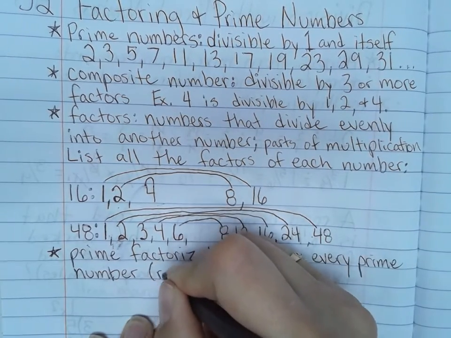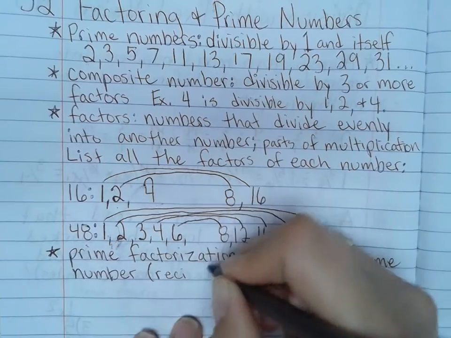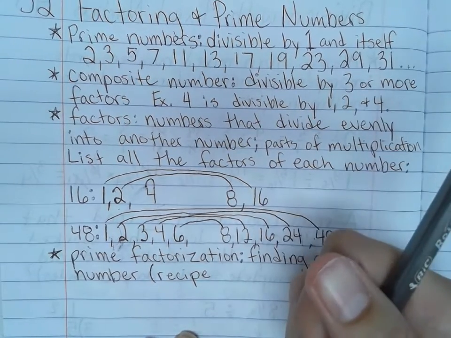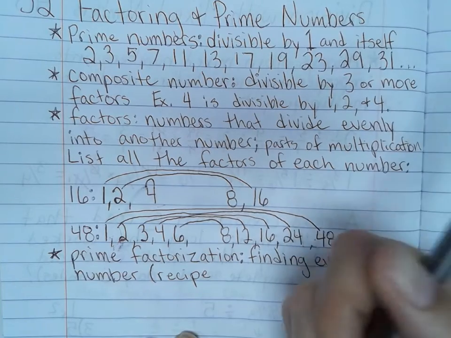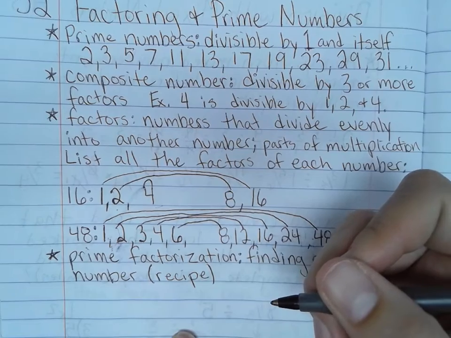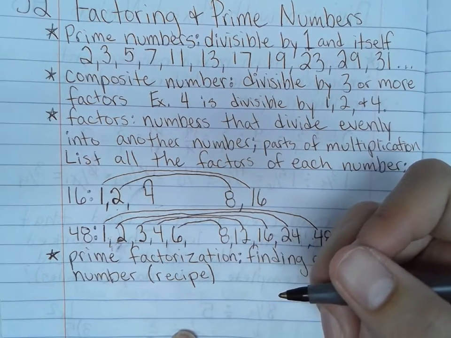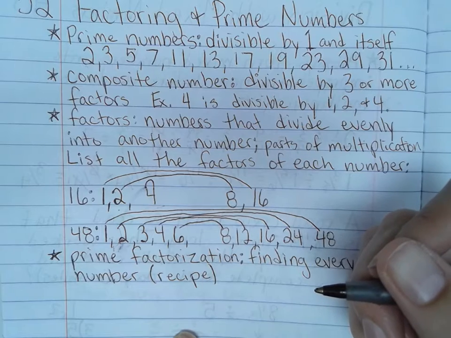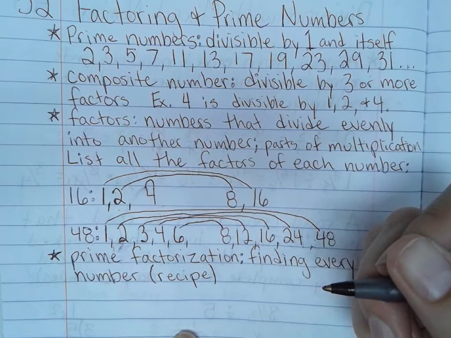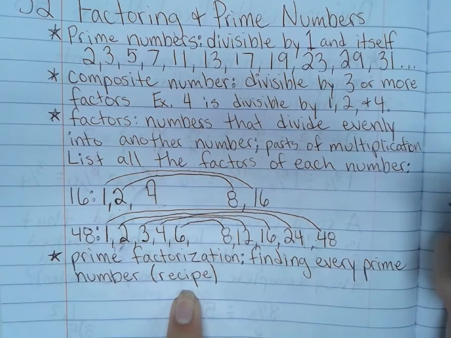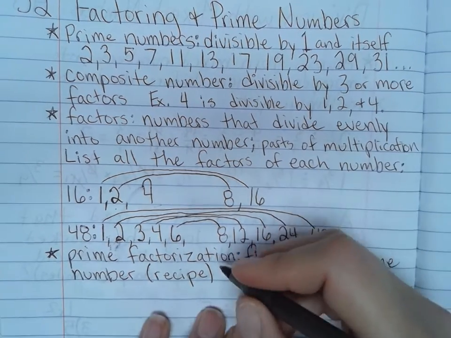I call it the recipe of a number because each number has a specific, every composite number I should say, well actually prime too, but has a specific amount of prime numbers in certain combinations to make that number. And it doesn't matter how you break it down, it will always break down into those prime building blocks. So we're finding the recipe basically to find the prime numbers that make up a composite number, okay?